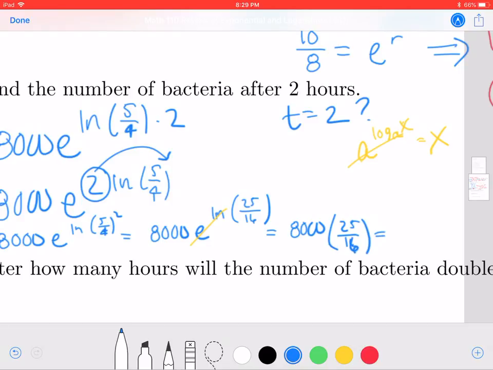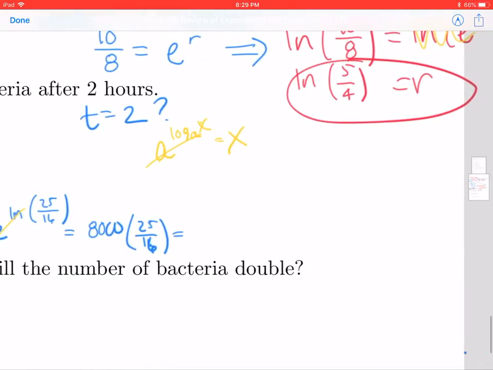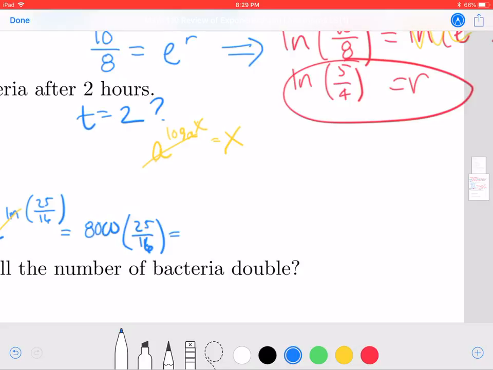And then that becomes, see, we can do this without a calculator, with a little bit of algebra. 16 and 8,000, I'm just going to try to simplify this.